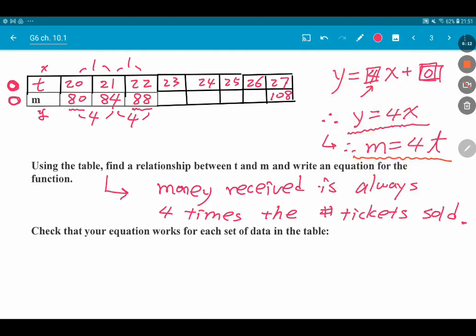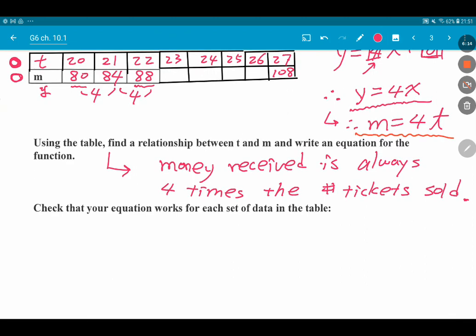Okay, and finally they ask you to double check whether your equation works or not. The way you can check is you plug back in the information on the last page, the information that you received from the word problem. So you can plug that in and see if that works. Once again, the equation is m equals 4t.